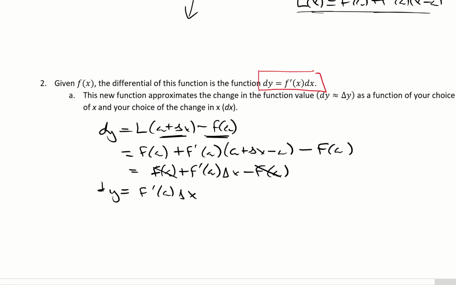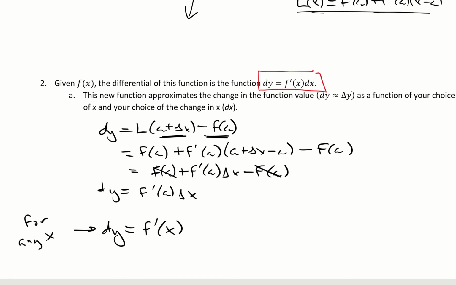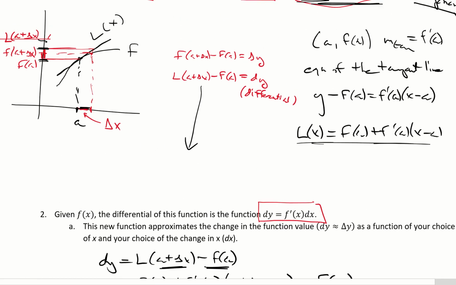Great. Now that's good for a, but if you go for any x value, you get dy is equal to f prime of x, I don't care about a, just call it x. And then the delta x doesn't change.